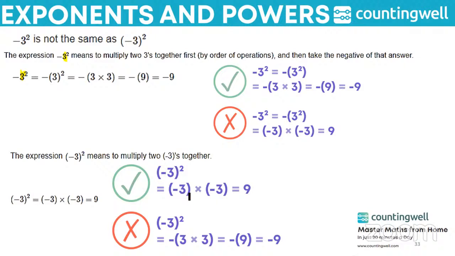So minus 3 into minus 3, you will get 9 and not minus 9. So this is the correct way of finding minus 3 square, and this is the correct way of finding minus 3 whole bracket square.